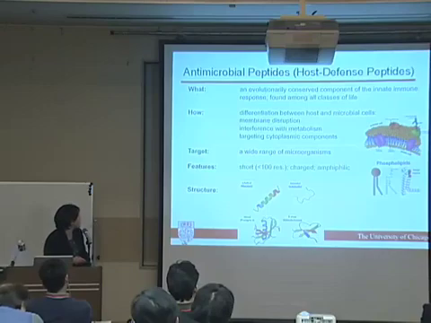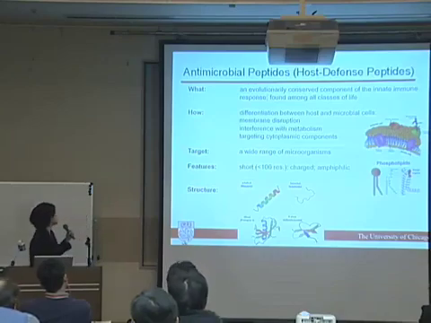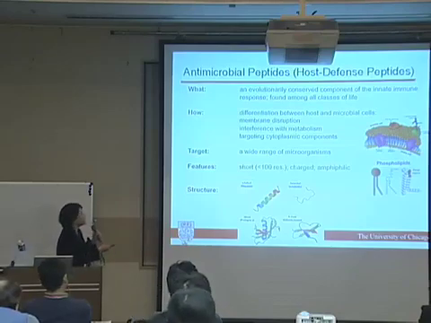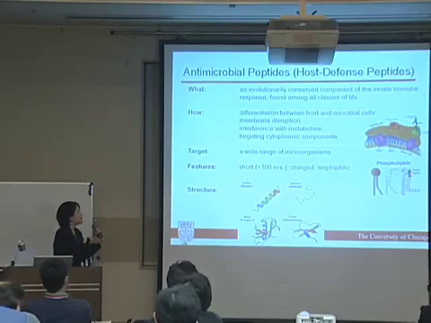The common features that link them together are that they are all short peptides, usually less than 50 residues in length. They are mostly charged, and a lot of them are cationic, so positively charged, and they are amphiphilic, so part of the peptide likes to be with water, and part does not like to be exposed to water at all.